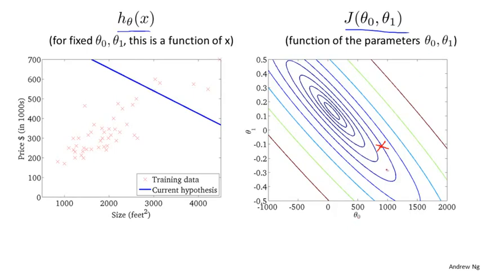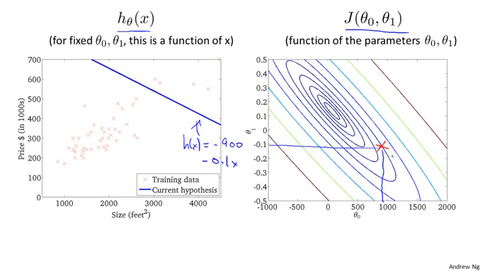But for illustration, in this particular implementation of gradient descent, I've initialized theta 0 at about 900 and theta 1 at about minus 0.1. Okay, and so this corresponds to h of x equals 900 minus 0.1x, this line. And so we're out here on the cost function.